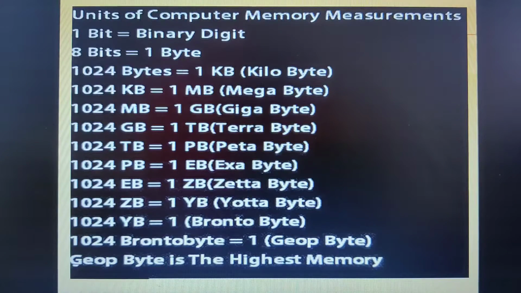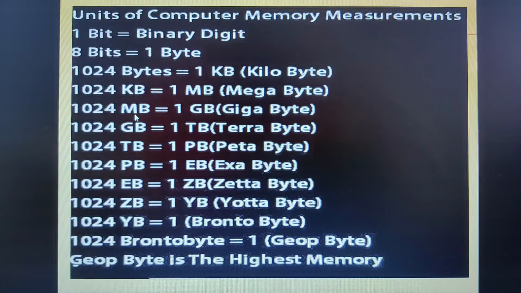You can see here, 1 bit is equal to a binary digit in the form of zero or one. 8 bits make 1 byte. Similarly, 1024 bytes make 1 kilobyte, that is 2 raised to 10 bytes is equal to 1024 bytes. Similarly, 2 raised to 20 bytes, that is 1024 kilobytes, makes 1 megabyte.